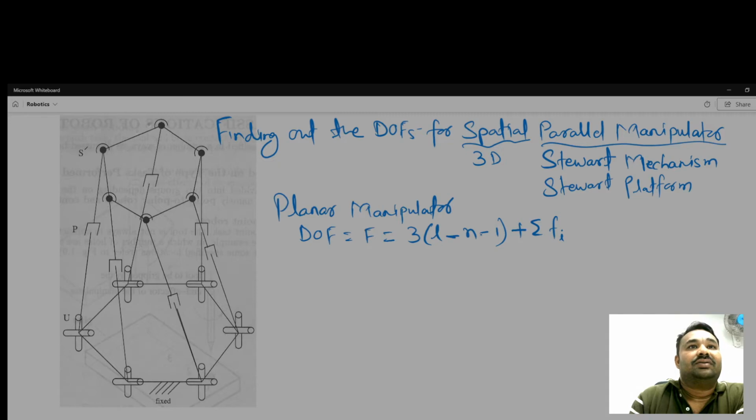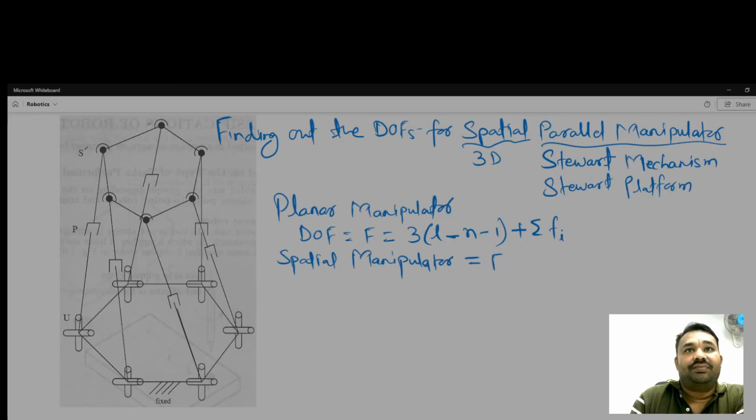Okay, so what about in the case of a spatial manipulator? Spatial manipulator means we're talking about 3D.